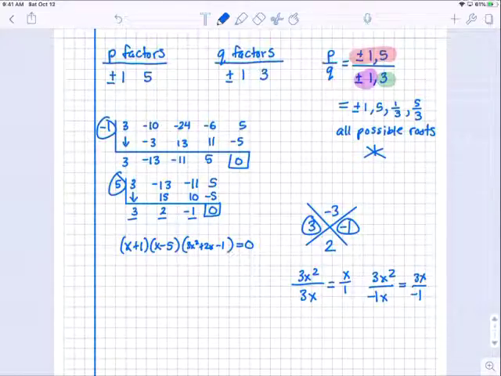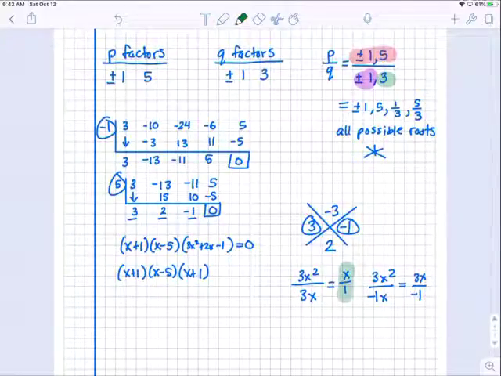So let's write down the factors. x plus 1. x minus 5, and then x plus 1 coming from right there, and 3x minus 1. All that's equal to 0, and that 3x minus 1 is coming from over there.